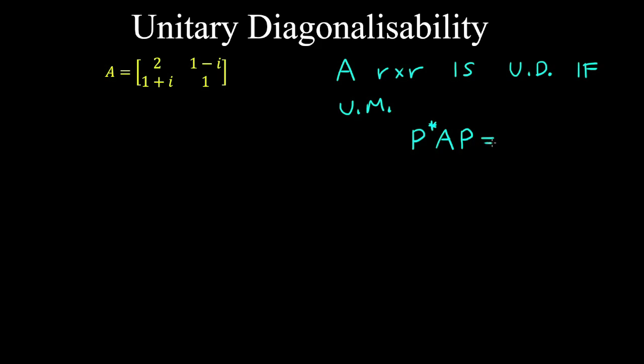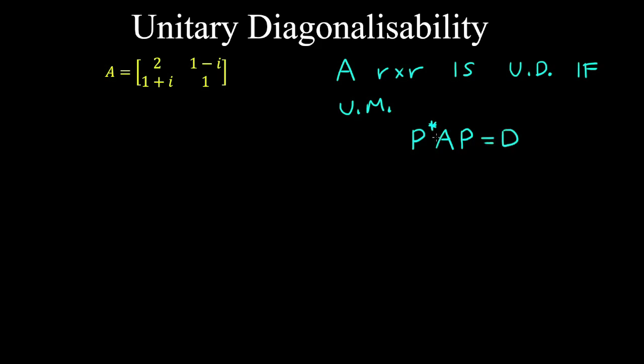A square r by r complex matrix is unitarily diagonalizable if there's a unitary matrix P such that the conjugate transpose of P multiplied by A multiplied by P results in a diagonal matrix.